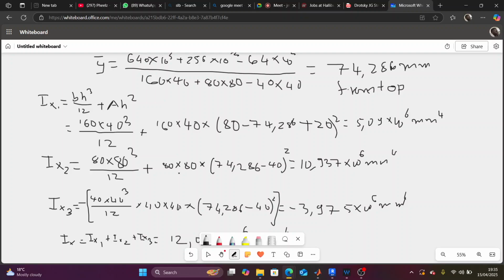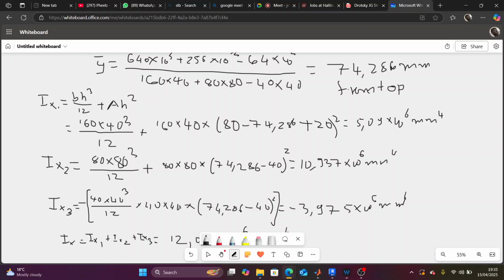What do you have when you check? I don't know what went wrong, but let's check it together. Let's start with this moment of inertia, the first one.